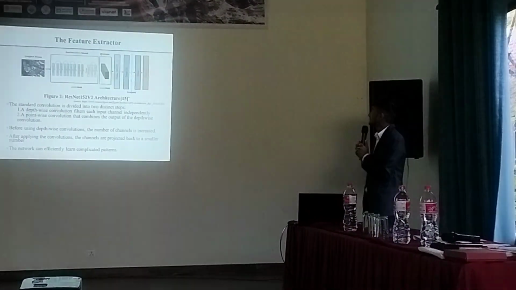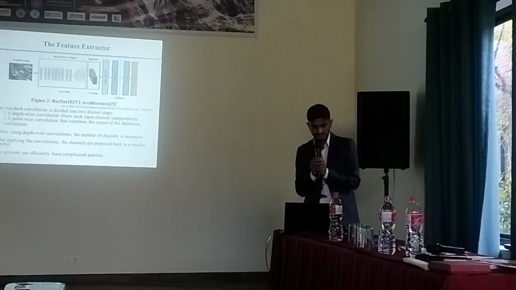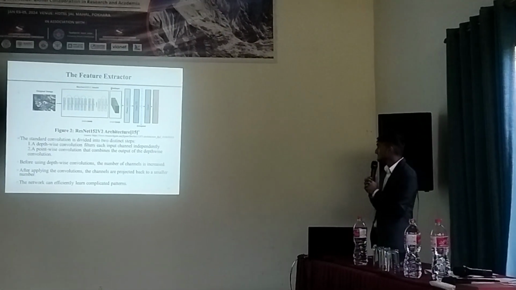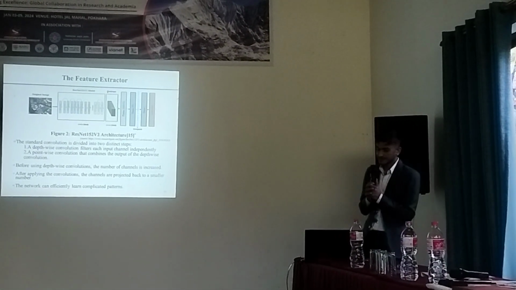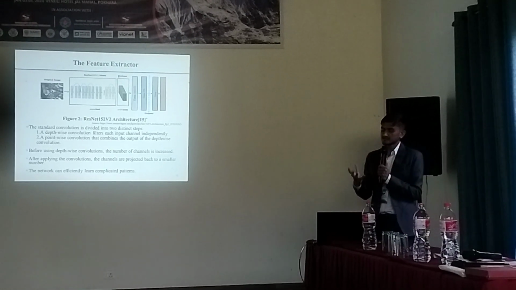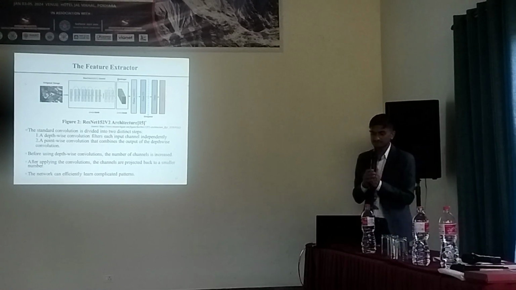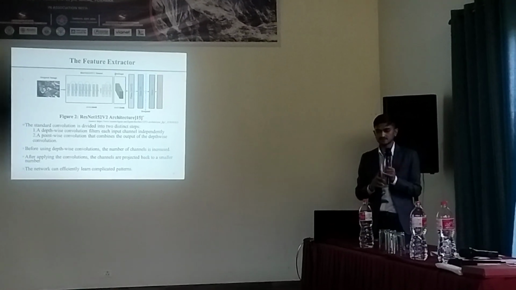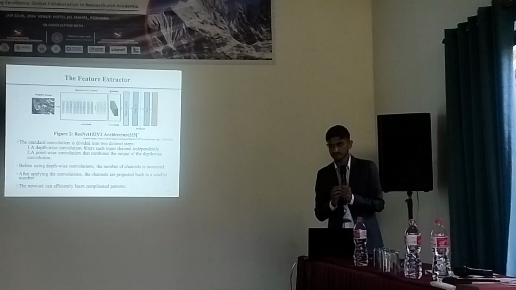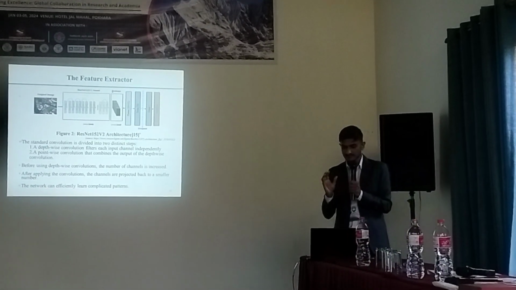Regarding the feature extraction part, we have used ResNet 152 version 2. It utilizes depth-wise computations and point-wise computations. What it basically does is richly generate the features present in the image, like I have already told, objects, the relationships between objects, or the environment present in the image.